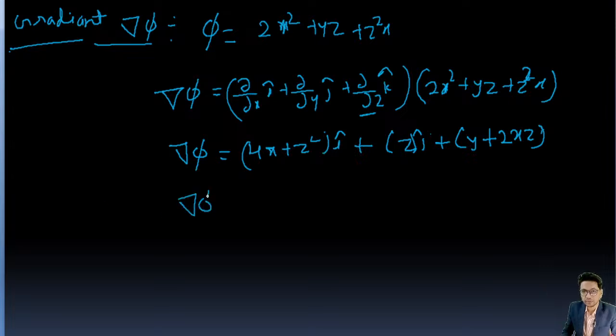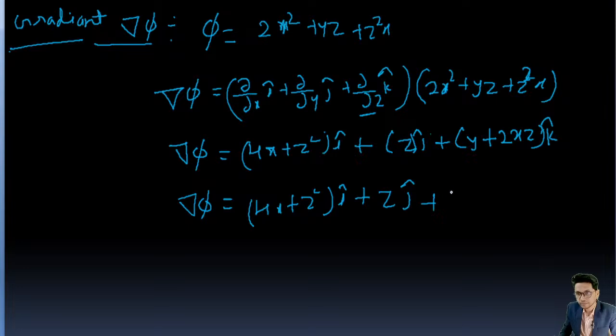So gradient of phi is going to be 4x plus z square i cap plus z j cap plus y plus 2xz k cap. This is very simple, you know it, right? Okay, so this is the gradient, right?